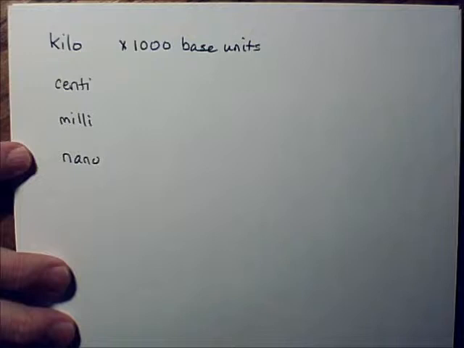Volts is a unit in the international system of units. Amperage, amps is a measurement. So we could have a kiloamp. That'd be a lot of amps. That's pretty dangerous.